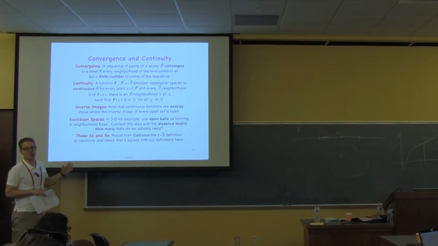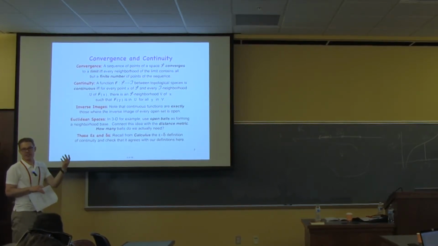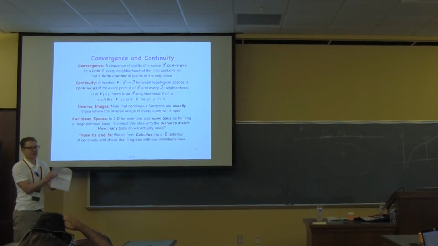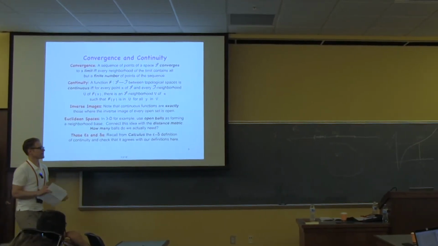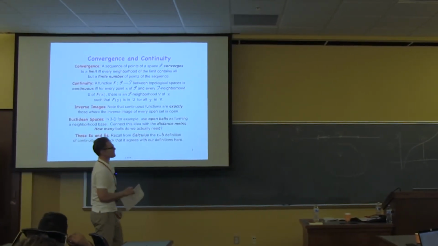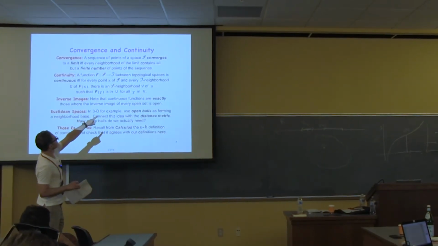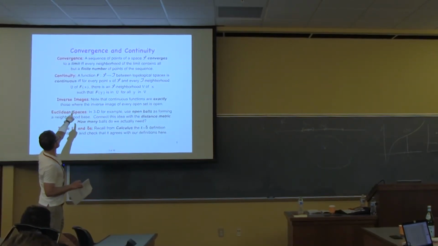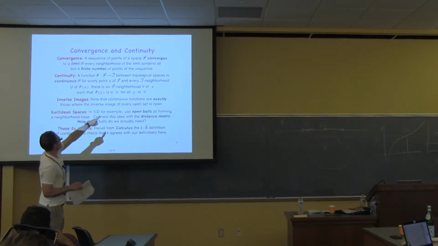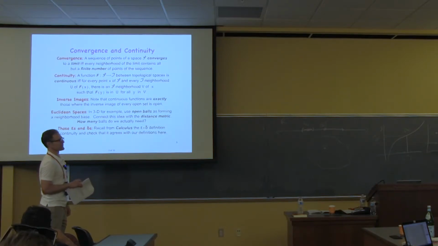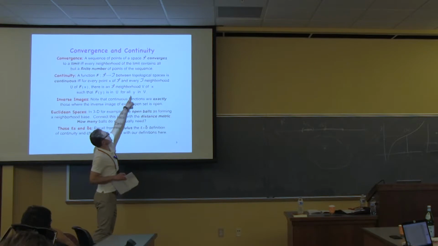So we've just swapped out the notion of interval for this generic notion of neighborhood. For every neighborhood of f of x, there is a neighborhood of x such that for every y within that neighborhood, f of y is in the other one.